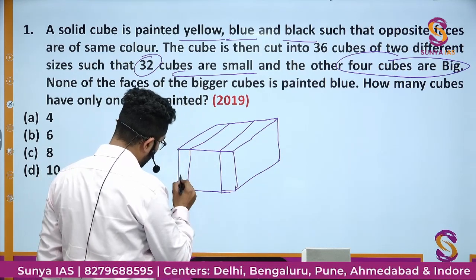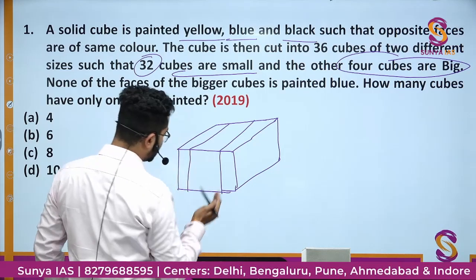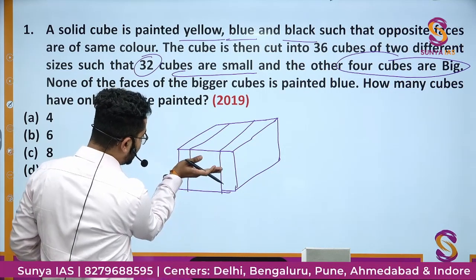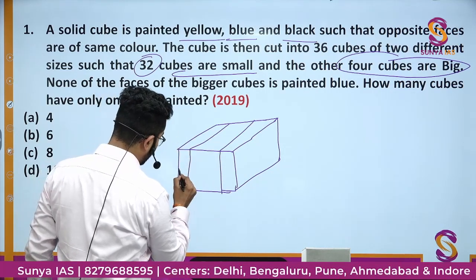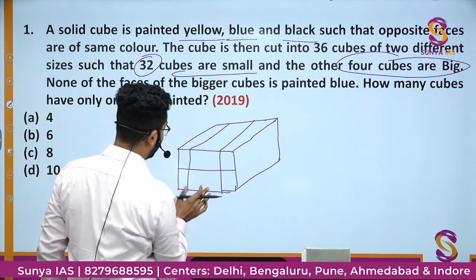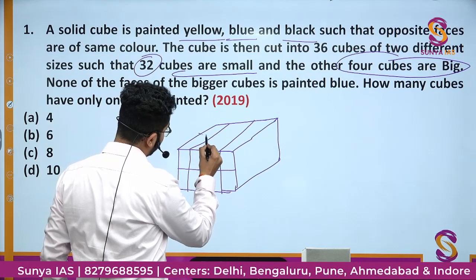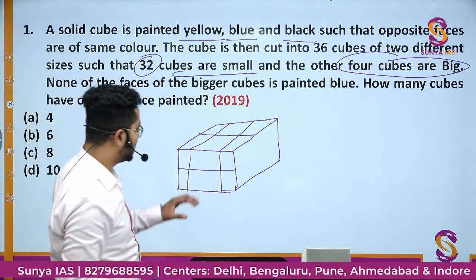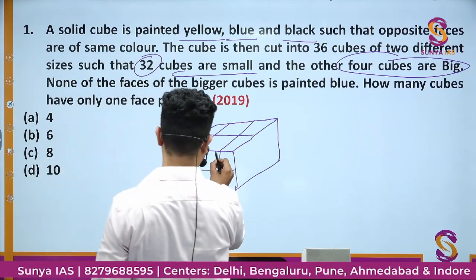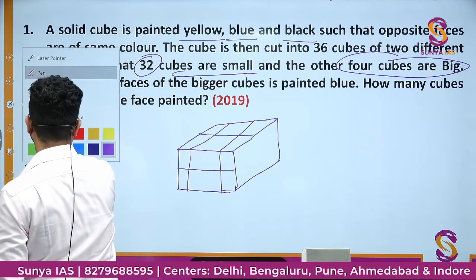Now let's say this is the front portion. Here this upper portion is a big cube, so I'll divide it here. So this is one big cube and this is one big cube. This is not a straight line, just a second.